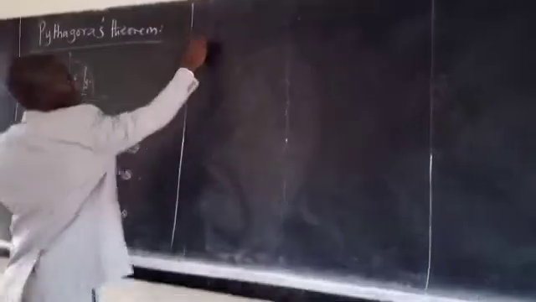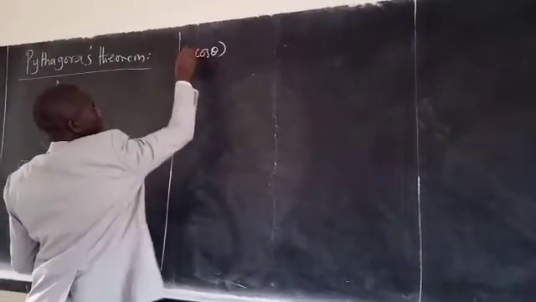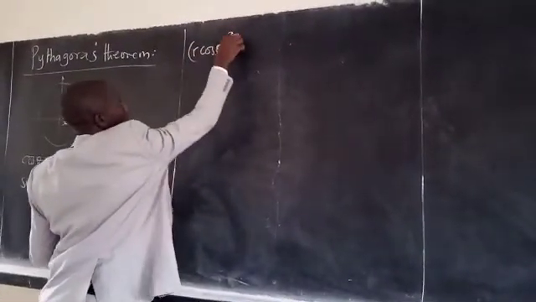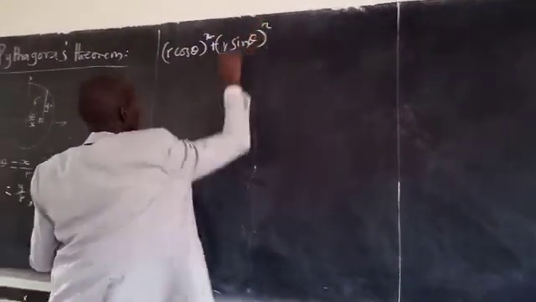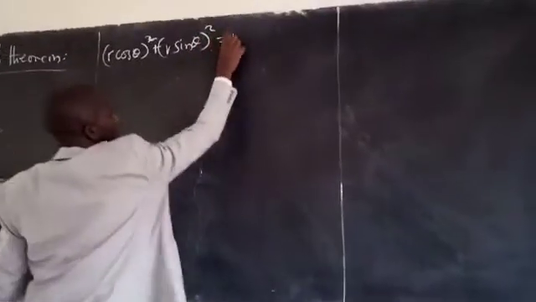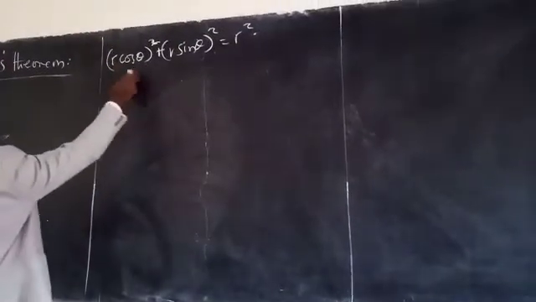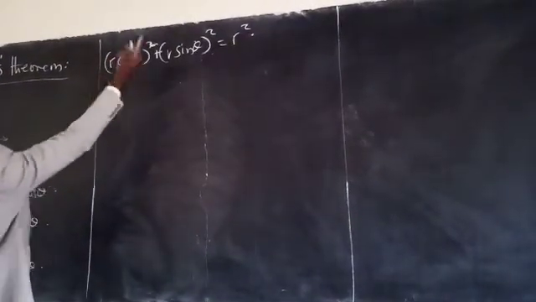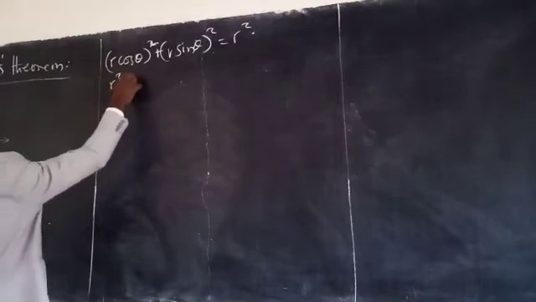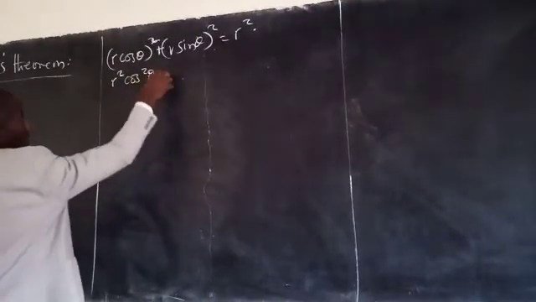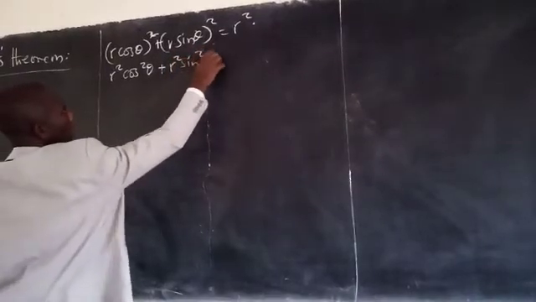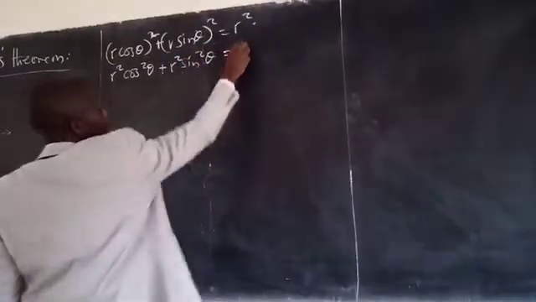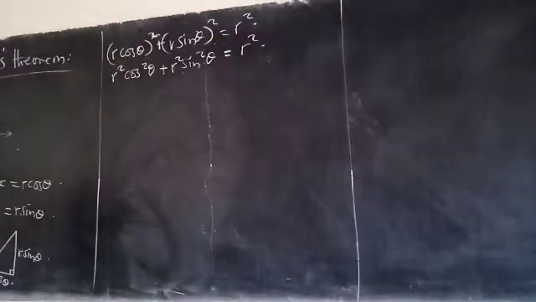So this will be R cos theta squared plus R sin theta squared equals R squared. Let's square. When you square this, from indices, this will be R squared cos squared theta, plus R squared sin squared theta, and this is equivalent to R squared.